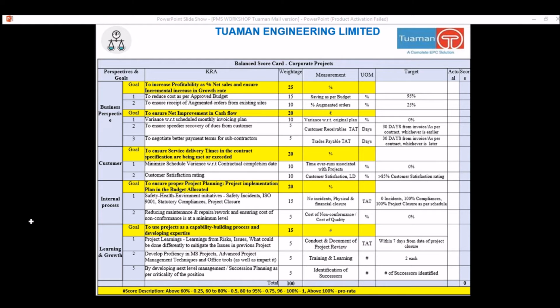Second, in the learning and growth perspective, is proficiency. Proficiency I have taken in MS Project for RCM. In case of project leaders, I have taken development in MS Project, advanced project management techniques and office tools. Then again, project learnings, where learnings from risks and issues, and what could be done differently from the previous project to mitigate the issues, where the measurement will be to conduct and document the project review.